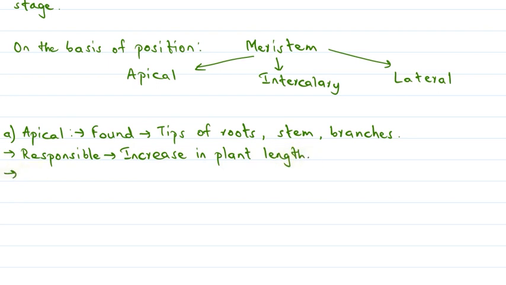Further, they help in the primary growth of the plants. Okay, so these are the features of apical meristem.